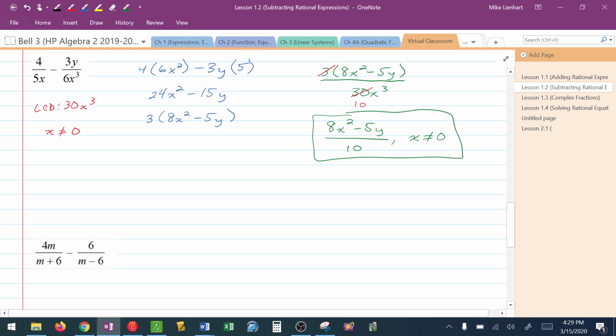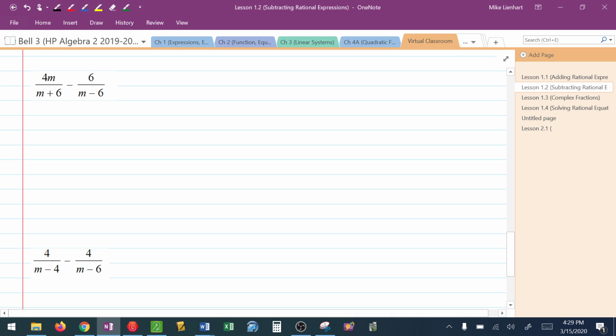All right, a few more examples to go through here just to make sure that we've covered all our bases. In this one, I've got an LCD from binomials of m plus 6 and m minus 6. So that gives me a restriction that m cannot equal plus or minus 6. Play the game.